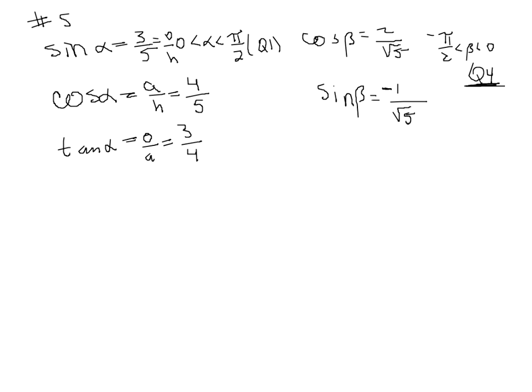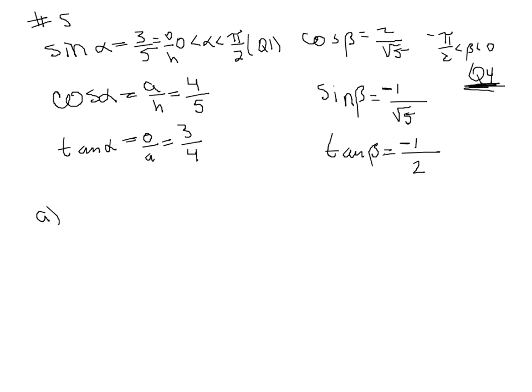So sine beta is negative 1 over the square root of 5. And then tangent beta is opposite over adjacent. But since we're in quadrant 4, tangent is negative, so we get tangent beta is equal to negative 1/2.